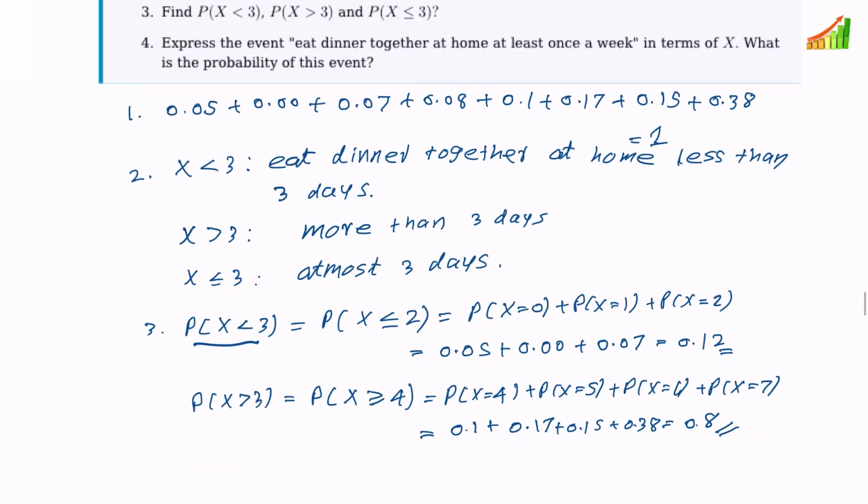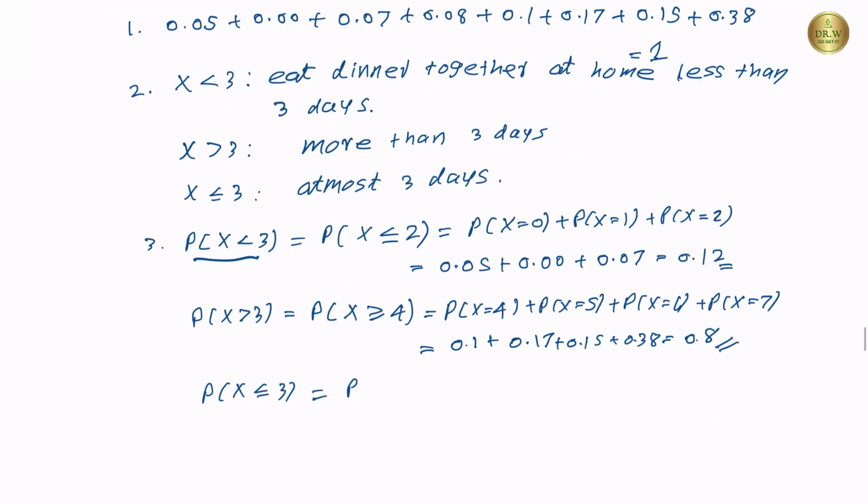Last one, probability x less than or equal to 3. How do we find this? Probability x less than or equal to 3 is probability x equals 0 plus probability x equals 1 plus probability x equals 2 plus probability x equals 3. So you can add the probabilities, but there is an easy way to find this. Let me explain that method. How do we write this using the complement axiom?